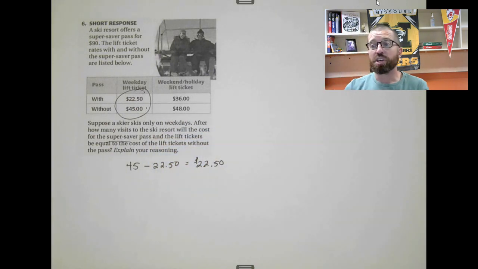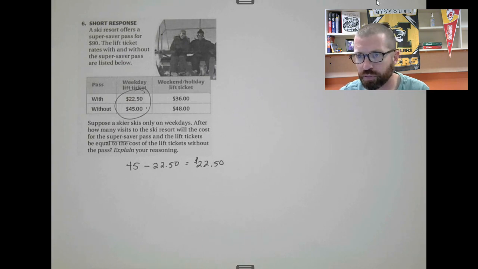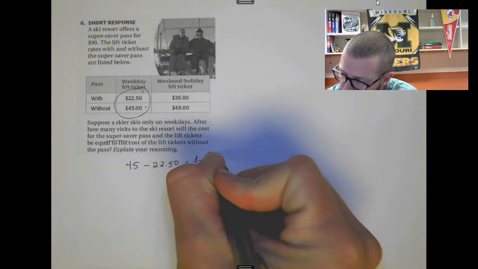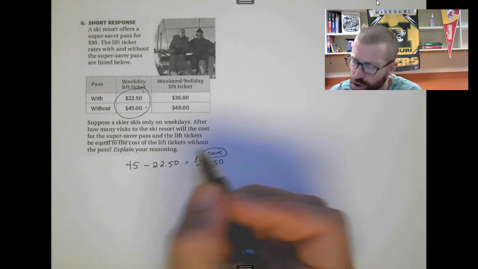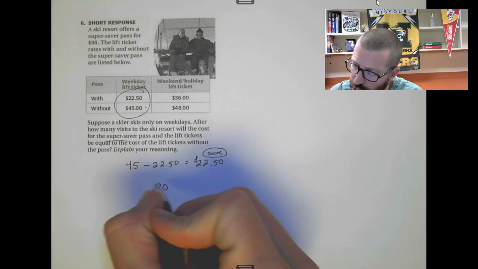So each time the skier goes, you're going to save $22.50 if you have the Saver Pass. However, it's going to cost you $90. So you could say, I'm going to save $22.50 each time, but it's going to cost me $90.